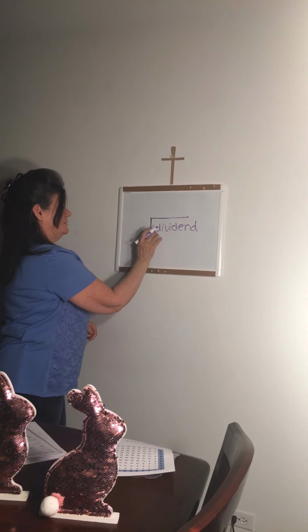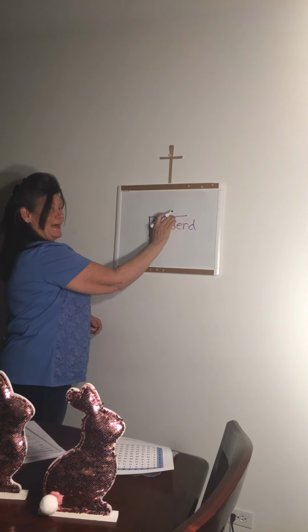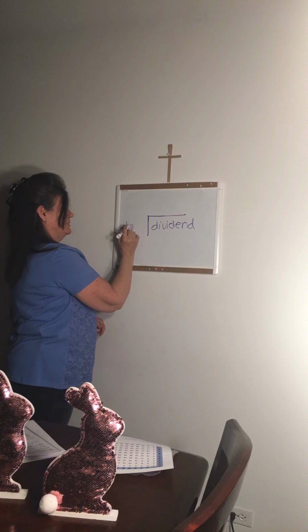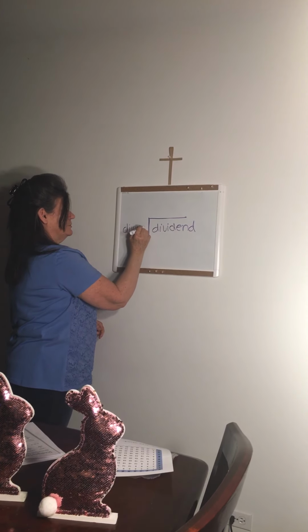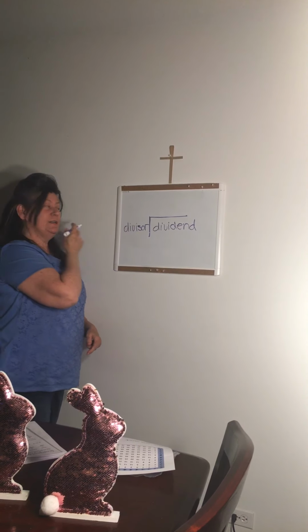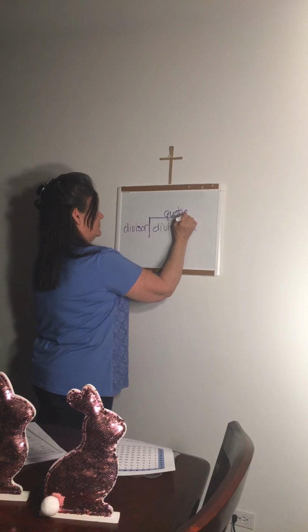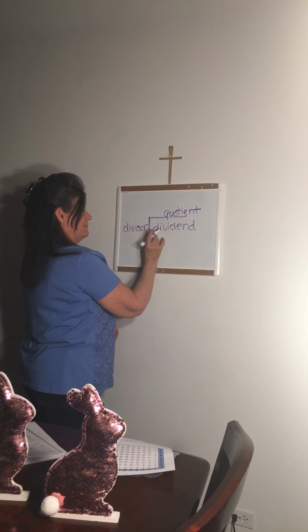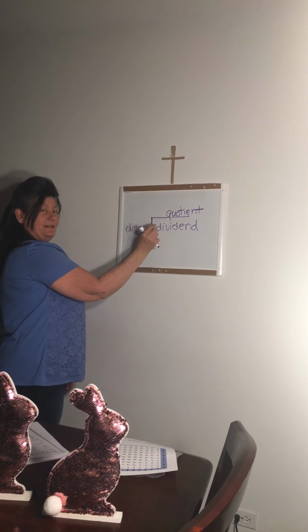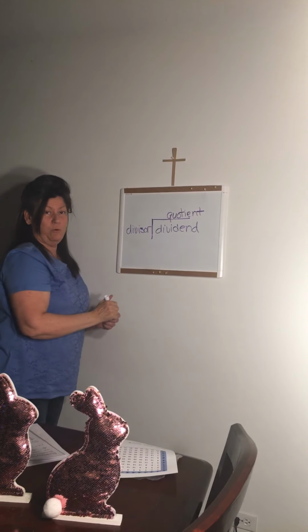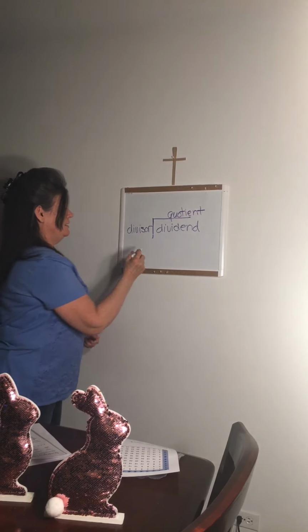Okay, so it's some number divided by, and because you say divided by, this is called the divisor. And then the answer is called the quotient. So this number inside is called the dividend. So you take the dividend divided by the divisor, and you get the answer, which is called the quotient. Okay?